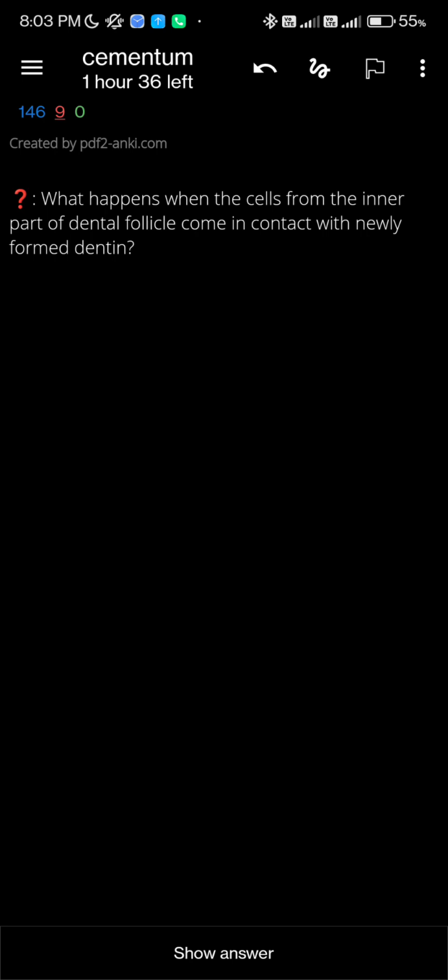When it comes in contact, the infiltrated central dental follicle cells differentiate to cementoblasts under the inductive influence of dentin and or Hertwig's epithelial root sheath.